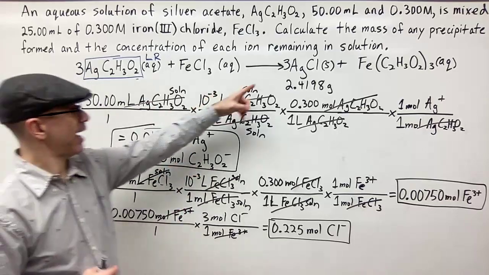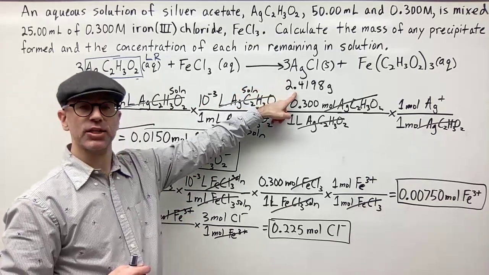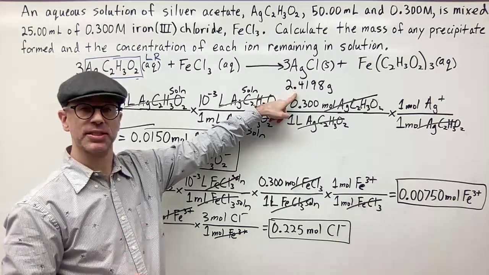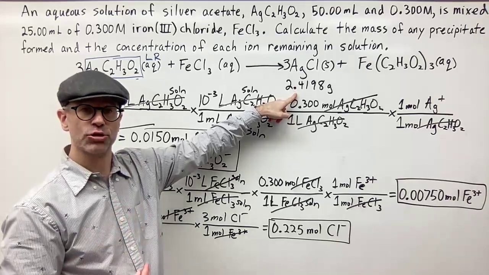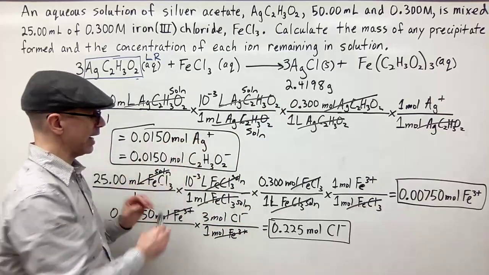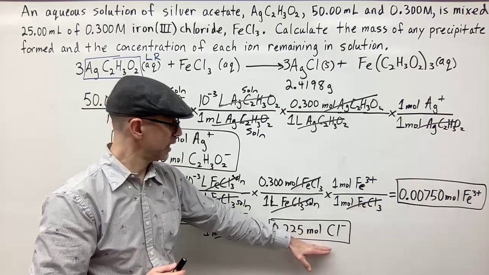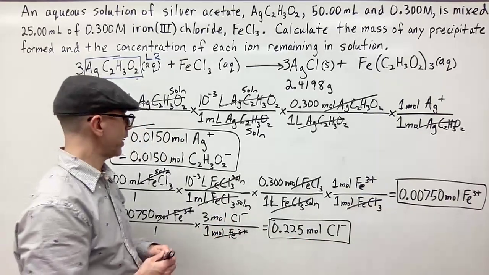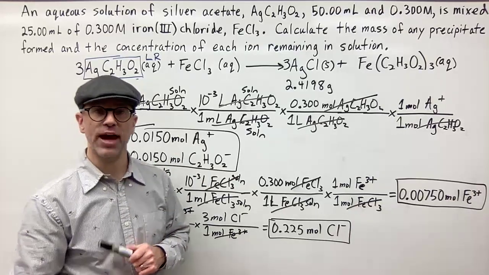Now I have to calculate the amount of each of the silver ions and chloride ions that ended up in the precipitate and subtract those from the original amount. So I have to subtract from here, and subtract from here, and see what's left over in the solution. Okay, so let's go ahead and do that.